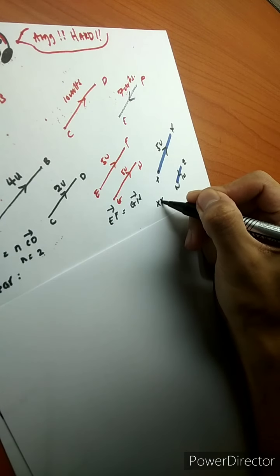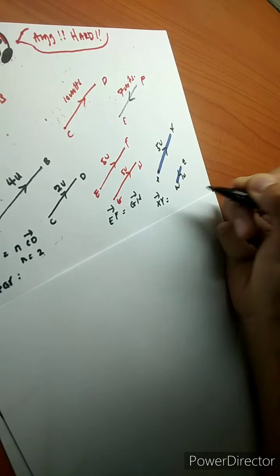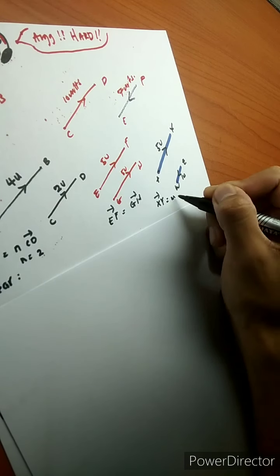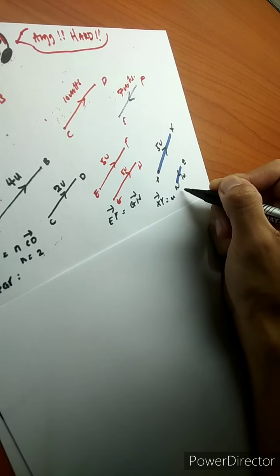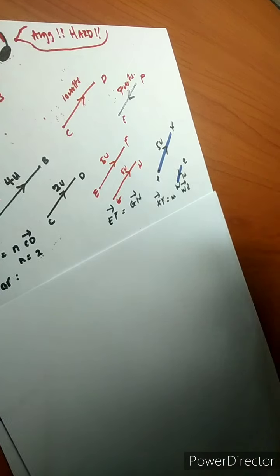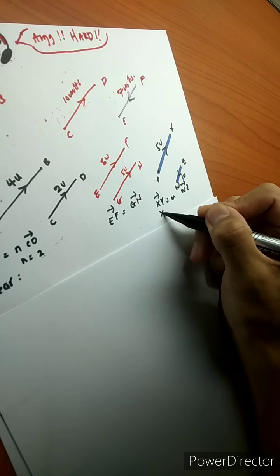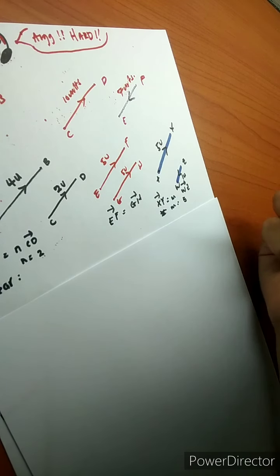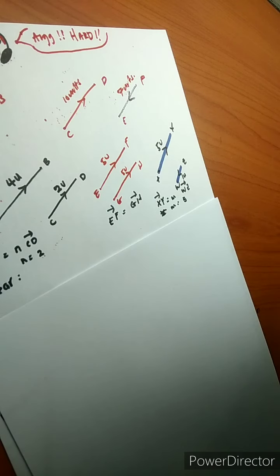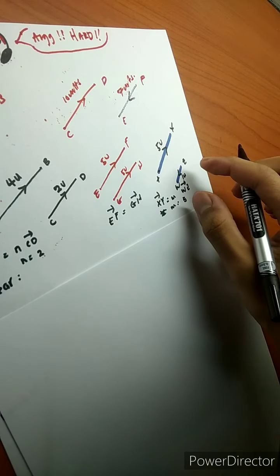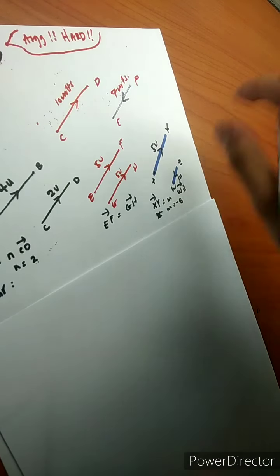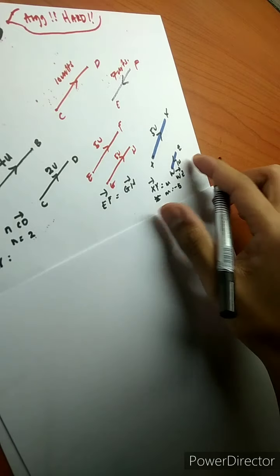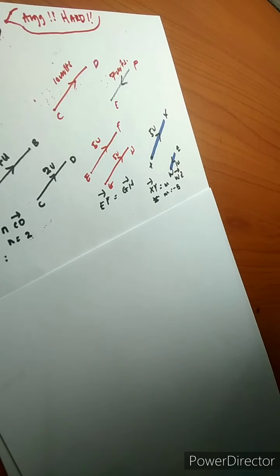Vector XY is equal to m times WZ, where m is the scalar multiple or constant. So m is equal to negative 5, because they have different directions, so we use a negative sign.